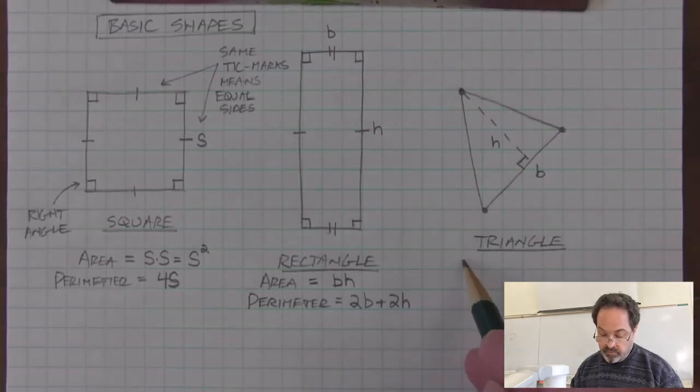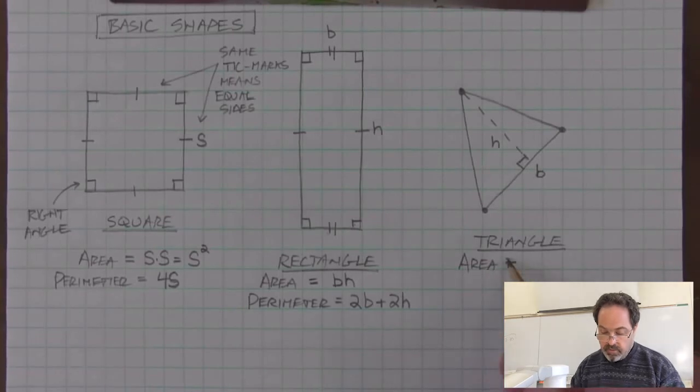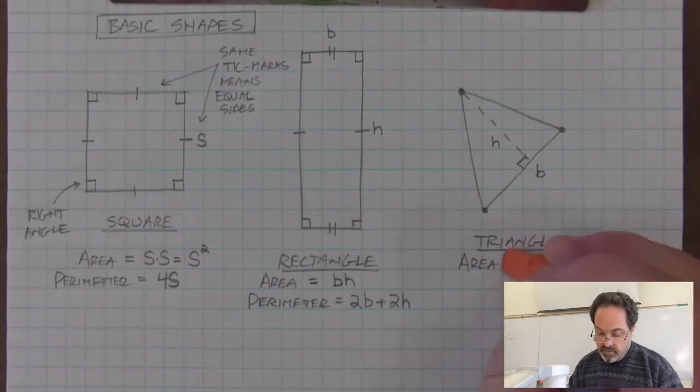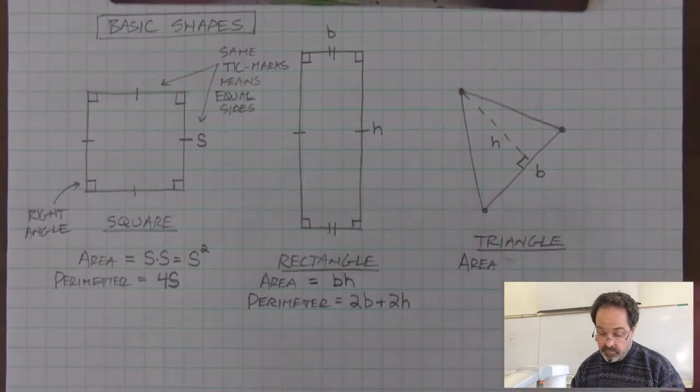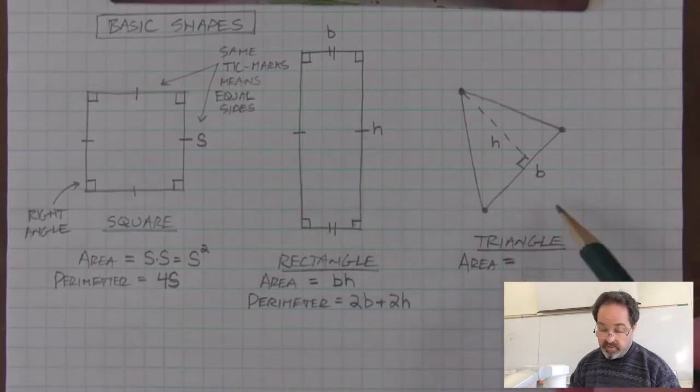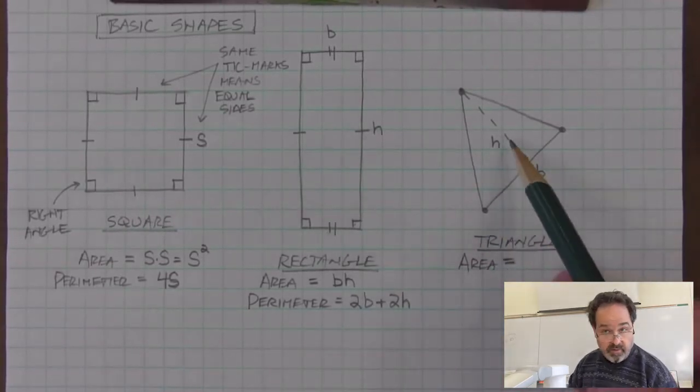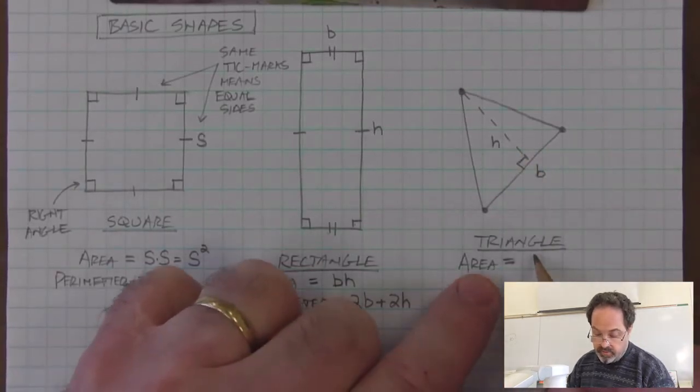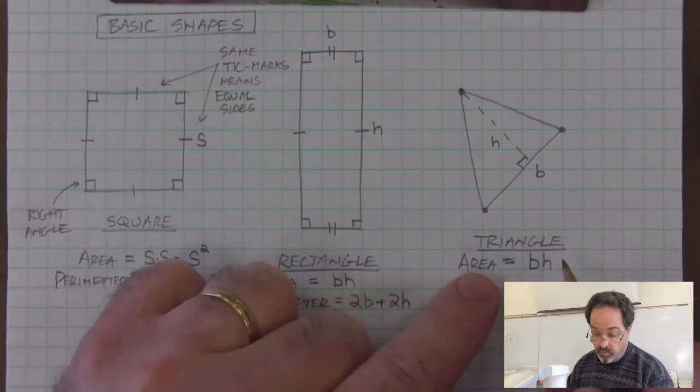The area of a triangle is a little more sophisticated. A triangle is half the area of a rectangle that has the same base and height. The area of a triangle then is its base times its height divided by 2, or times 1/2.